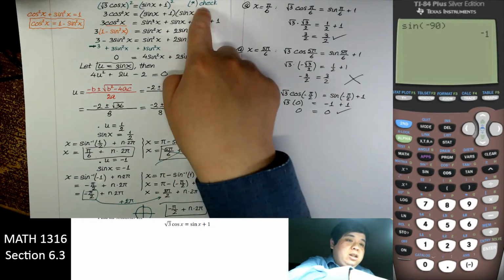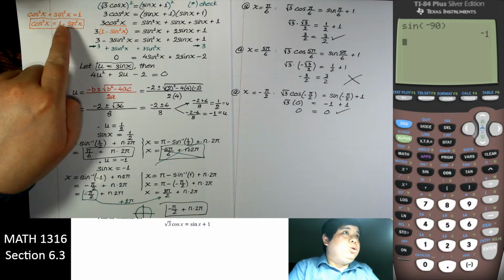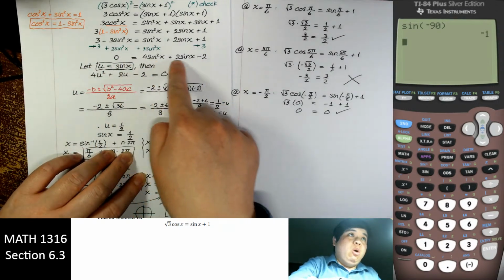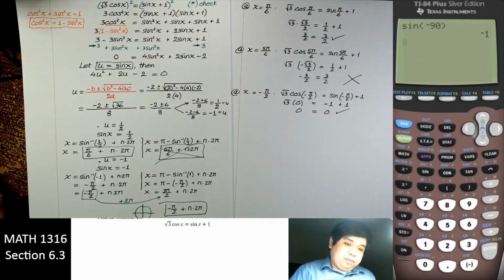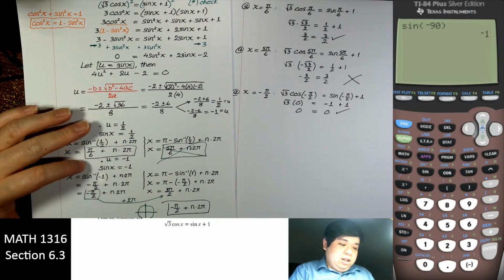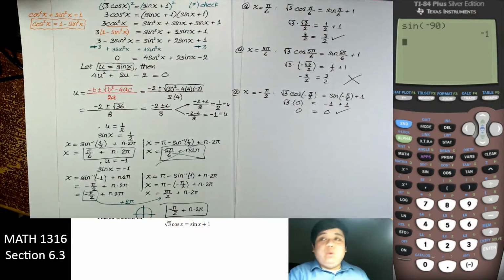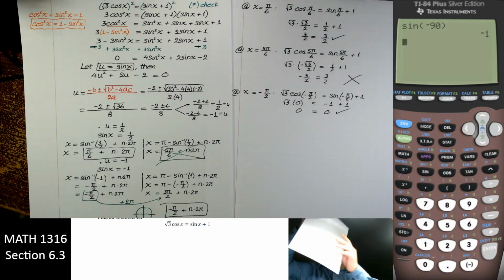When we square both sides, we use the Pythagorean identity so that we turn the equation into only one trig function, either sine or cosine. Then do the substitution and solve for it. There will be two cases. Solve for it again. At the end, we still need to check the answer. Quite a lot of work.